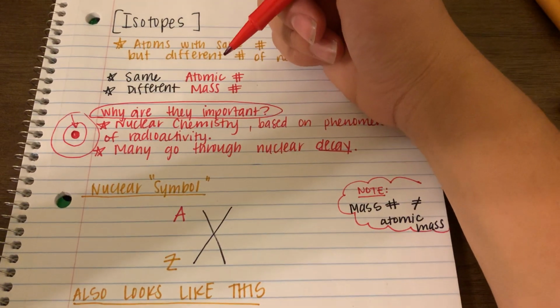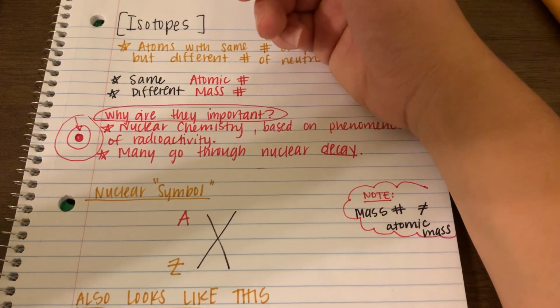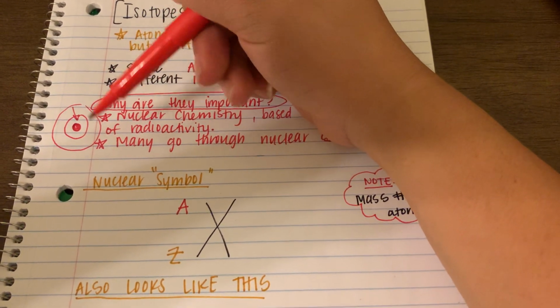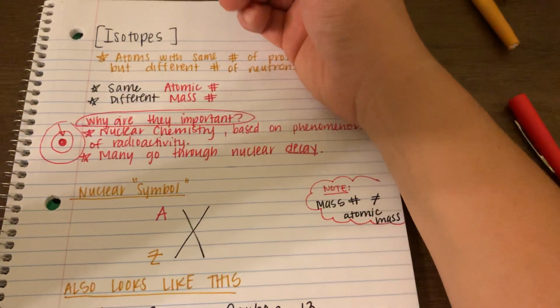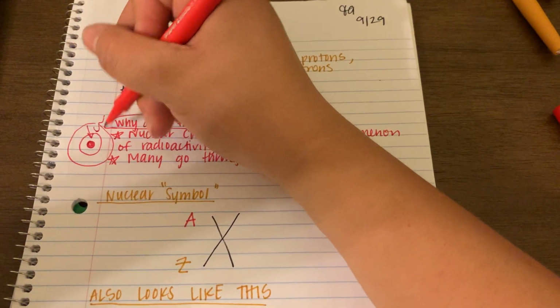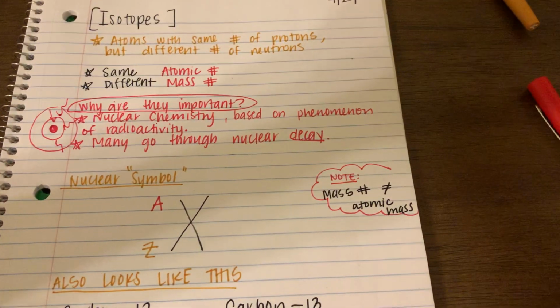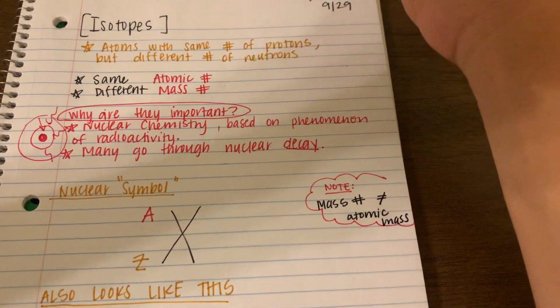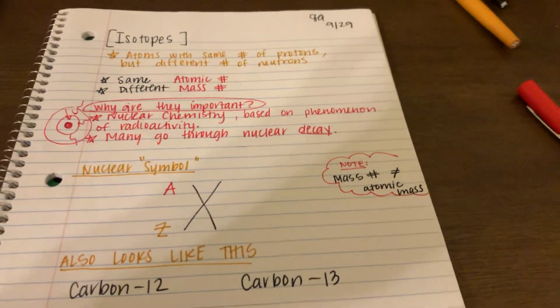It worsens over time. When those protons or neutrons are lost, it emits this harmful energy called radioactivity. We will get more into nuclear decay later, but that's just to show you quick importance.